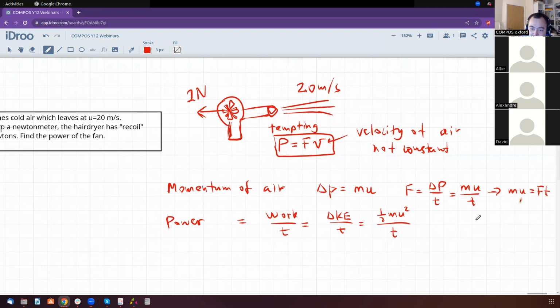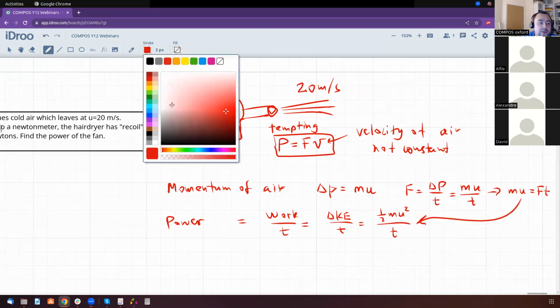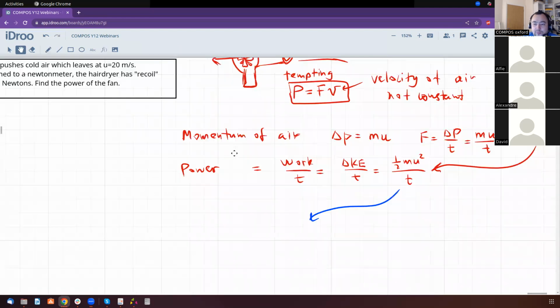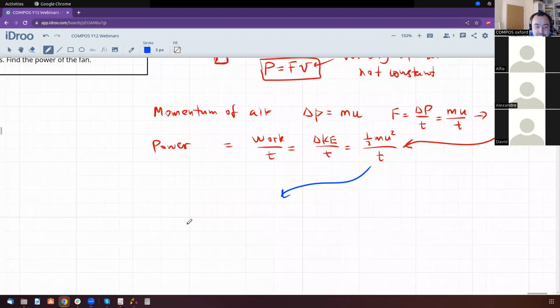You can substitute that in, and we have that the power is 1/2 multiplied by ft multiplied by u divided by t. T cancels and we have 1/2 fu. So it's not that, but that.